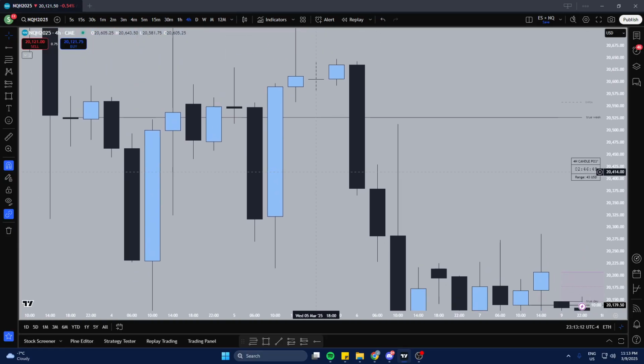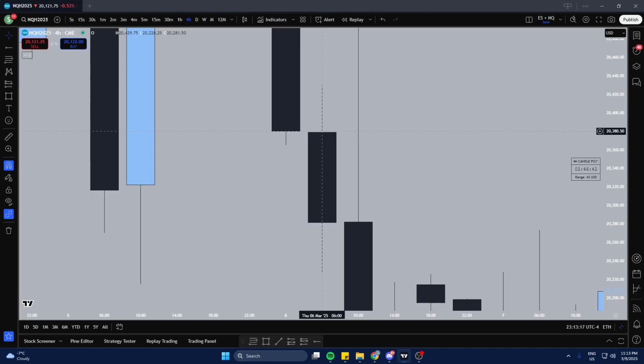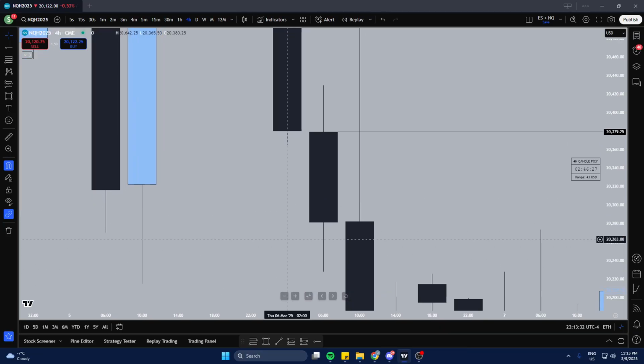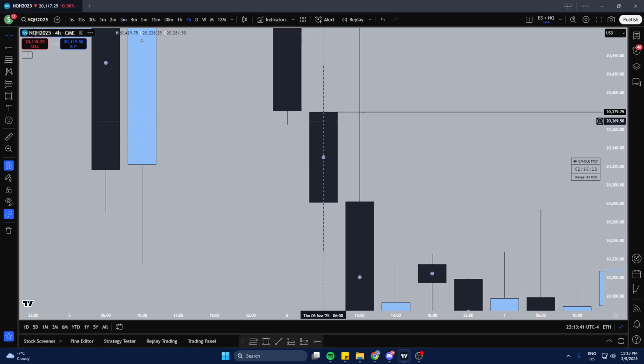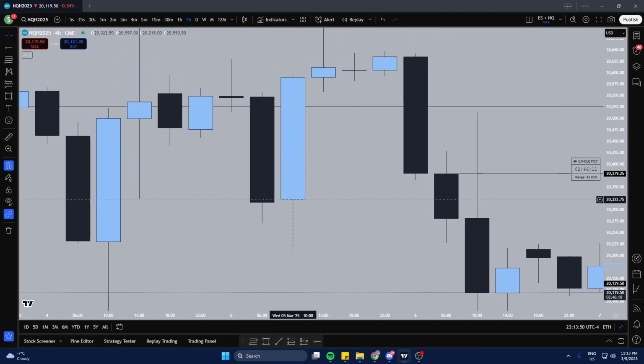Let's just say this candle here opens right here, it manipulates higher, and then it displaces lower down here, and then it closes a bit higher. So this is open, high, low, close, and then it's the opposite for a bullish candle. It's open, low, high, close.